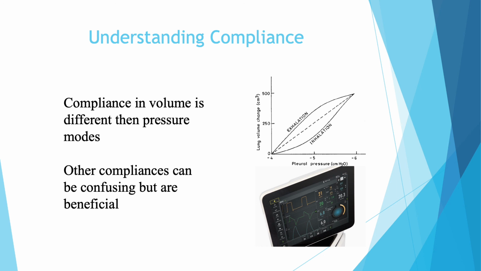Other compliances, when you get more familiar with these values, you can know what the static and dynamic compliances are going to be just because you know normal values for peak inspiratory pressure, PEEP, and plateau pressure. And if those numbers are going in high into your static and dynamic compliances, chances are your static and dynamic compliances are going to be reading bad.